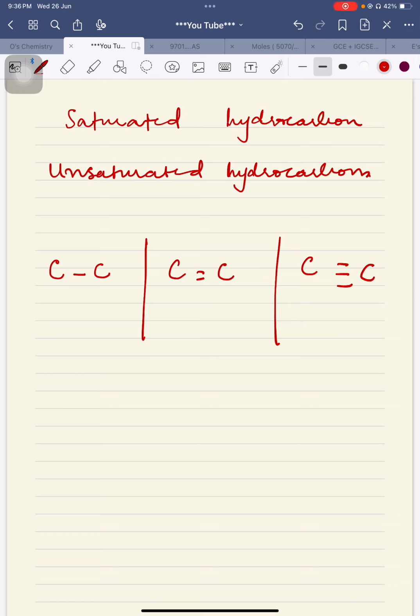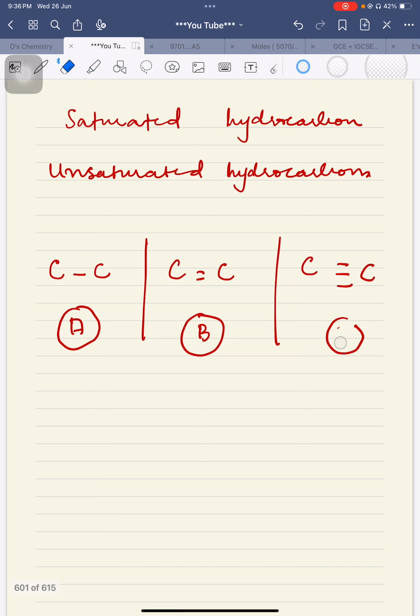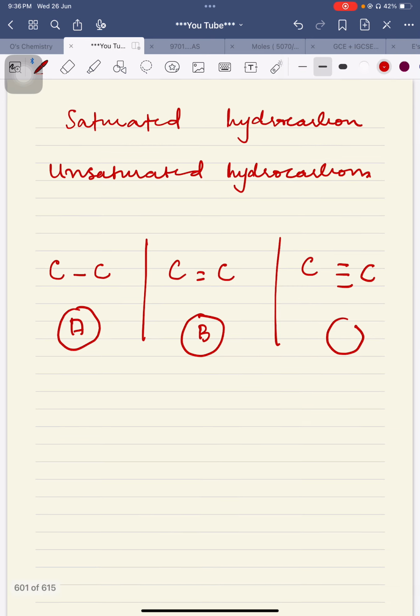Guys, you can see that A is a compound which has only a carbon-carbon single covalent bond, hence it will be considered a saturated hydrocarbon. B has a carbon-carbon double covalent bond, that's why it will be considered an unsaturated hydrocarbon. C has a triple covalent bond and it is also unsaturated.